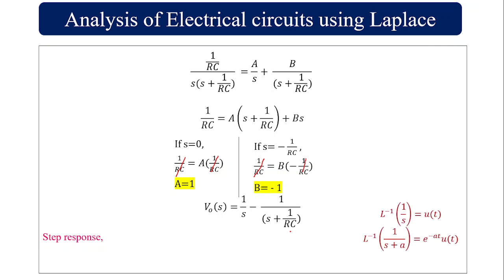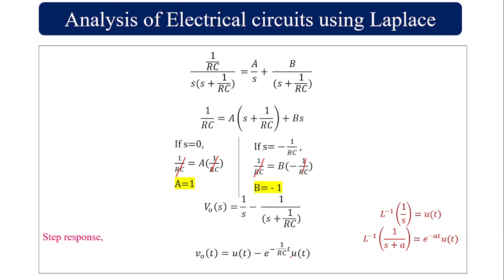You know that the inverse Laplace of 1 by S is U of t, and 1 divided by S plus a is e power minus at into U of t. Applying this formula, I can write V naught of S as V naught of t, 1 by S as U of t, and 1 divided by S plus 1 by RC as e power minus 1 by RC t into U of t.